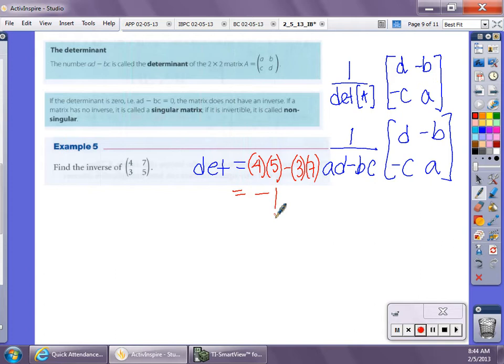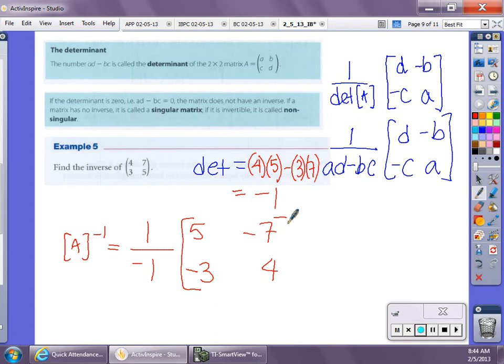And then to find the inverse, call that A. Inverse would be 1 divided by -1 multiplied by, switch these two, 5, 4, and then multiply these by a negative. And then multiply that through.